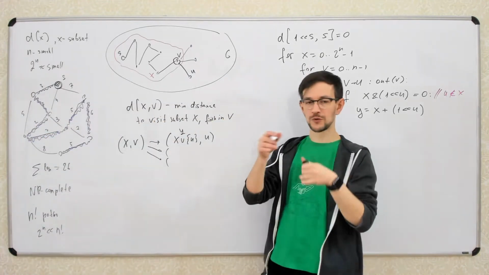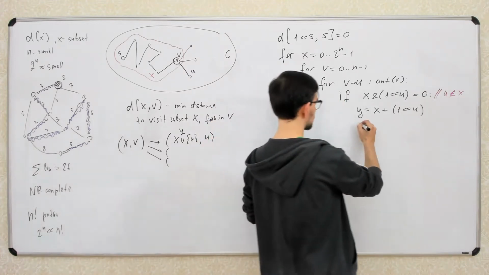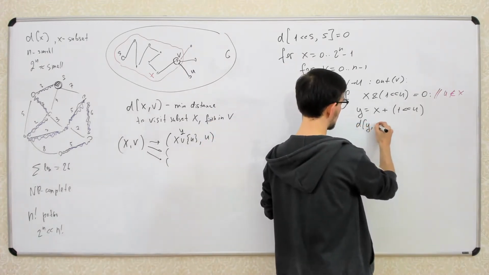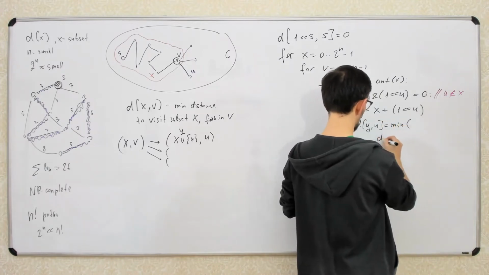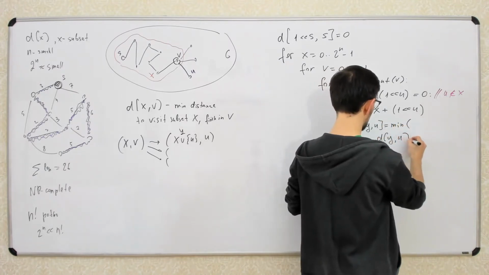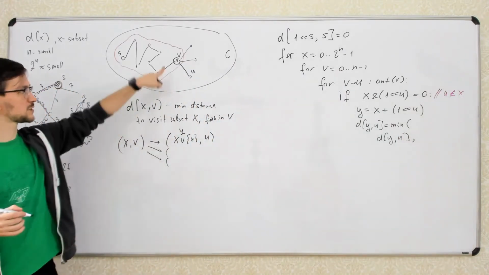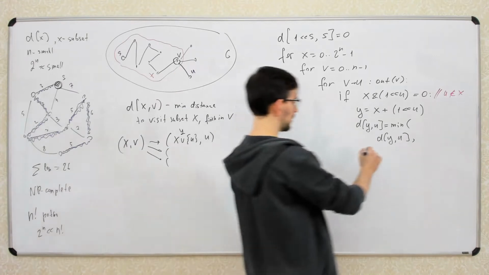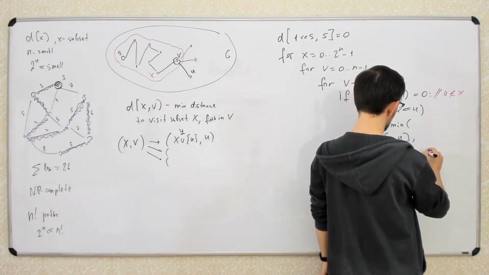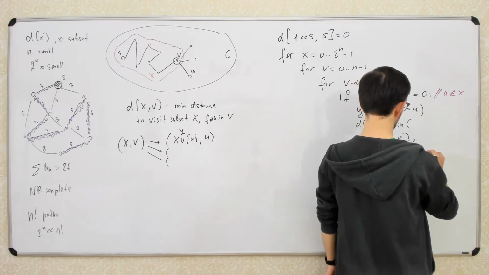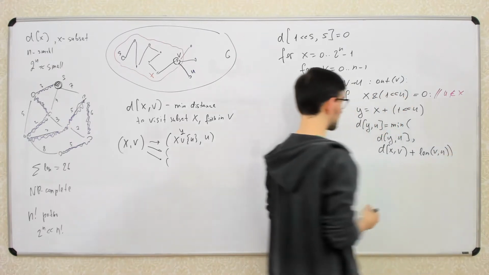When we move to the next state, we update the dynamic programming value in this state. So we'll update the value in YU to the minimum of the old value YU and the new value. And the new value will be the value for XV plus this one edge, let's say length of VU.